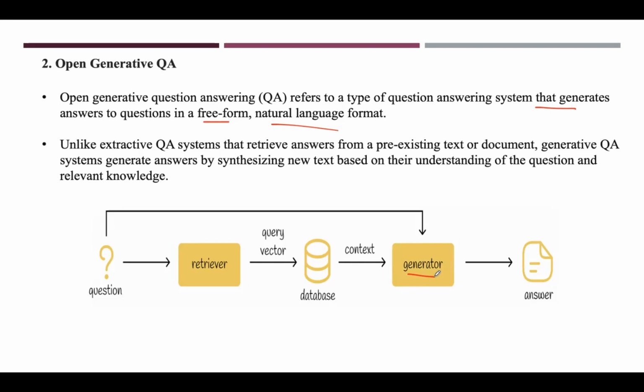So when a question is asked in an open form, but not for situations where a short or exact answer is expected, in that case you can go with the open generative question answering system.